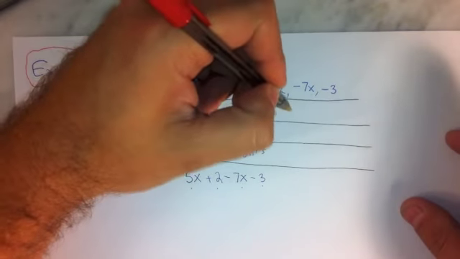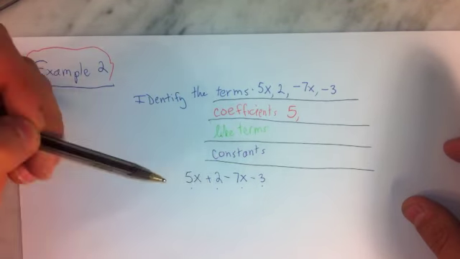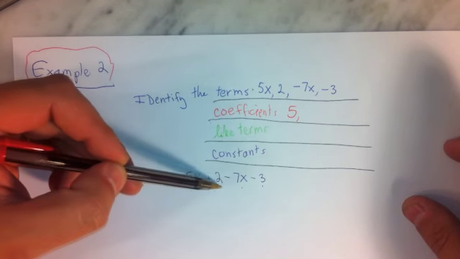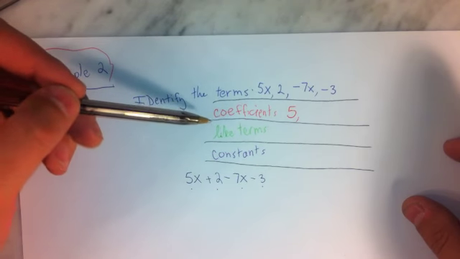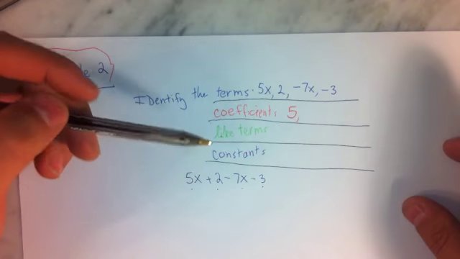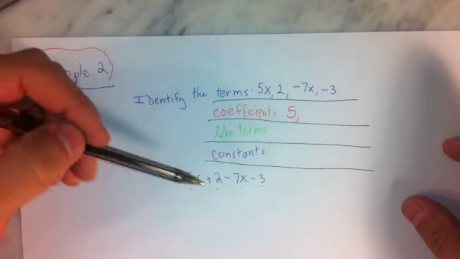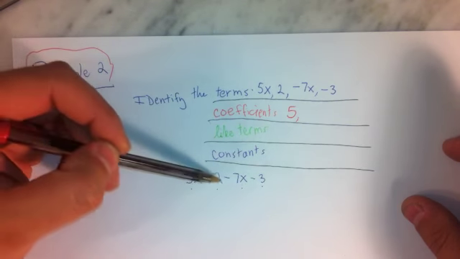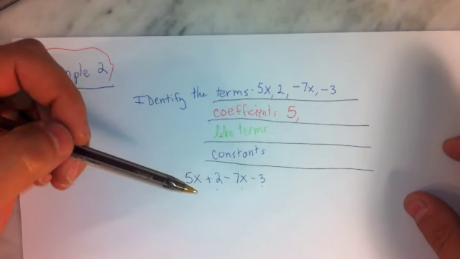So our first coefficient is 5, comma. Now, is this plus 2 going to be a coefficient? Because there's no variable. And so if we go back to our definition, coefficients have to be a number in front of what? That's right, a variable. So 2 is not a coefficient. How about next one? Okay. 7. So our next coefficient is 7, right?